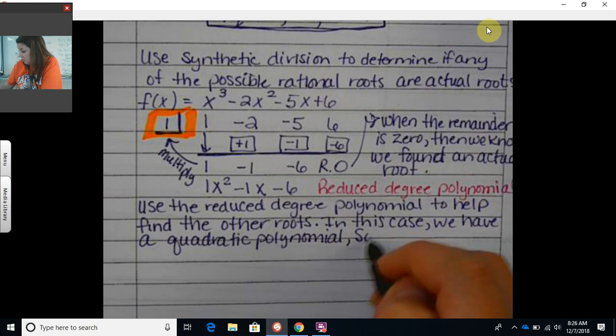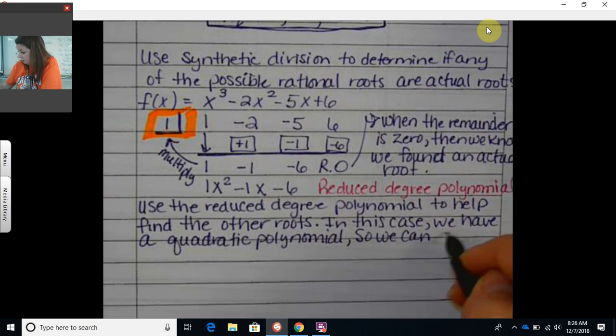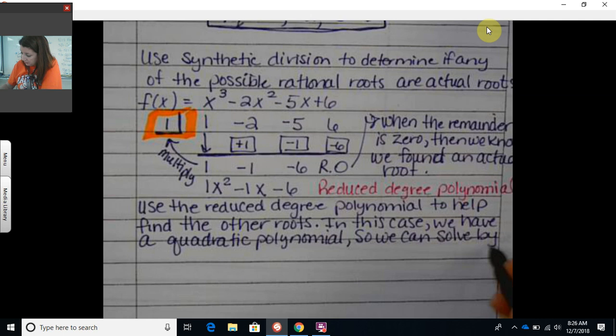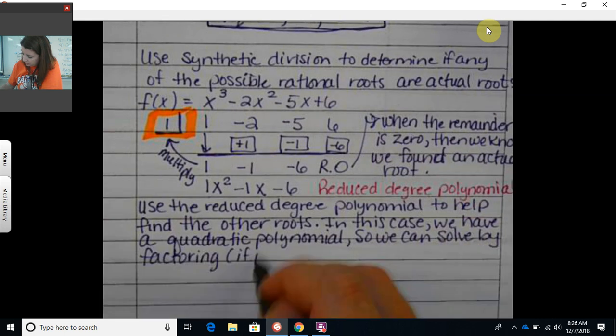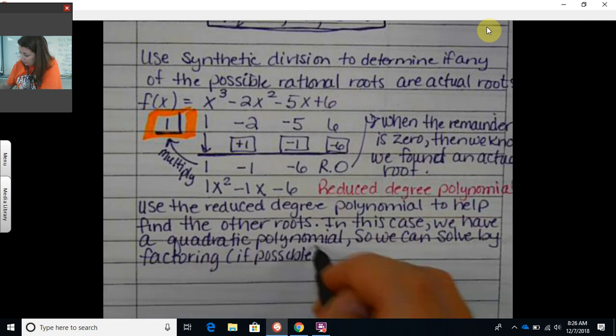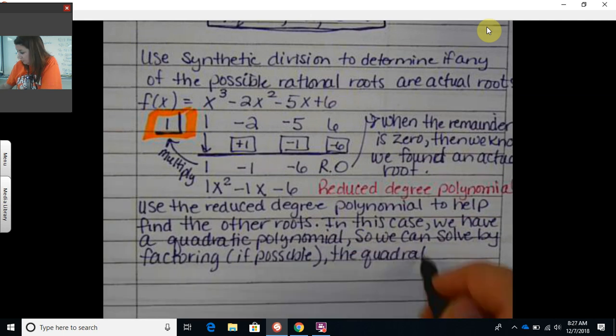So we can solve by factoring. In parentheses, I'm going to put if possible, because factoring is not always possible. The quadratic formula. Or completing the square.